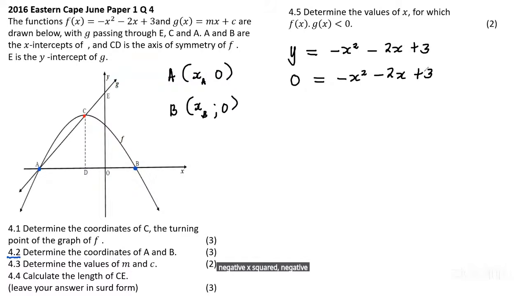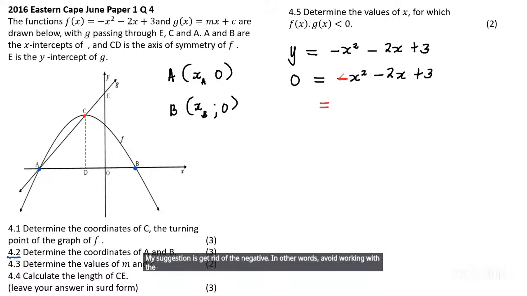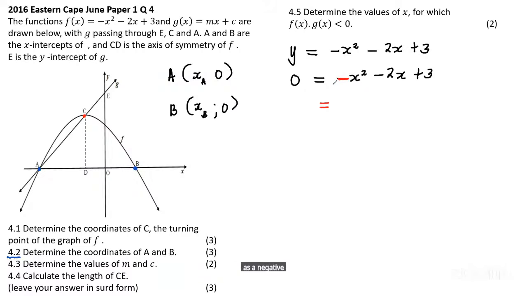minus 2x plus 3. Word of advice, when dealing with a situation like this, my suggestion is get rid of the negative. In other words, avoid working with a coefficient of x squared as a negative. So it's going to be x squared, divide everything by negative, plus 2x, then minus 3.